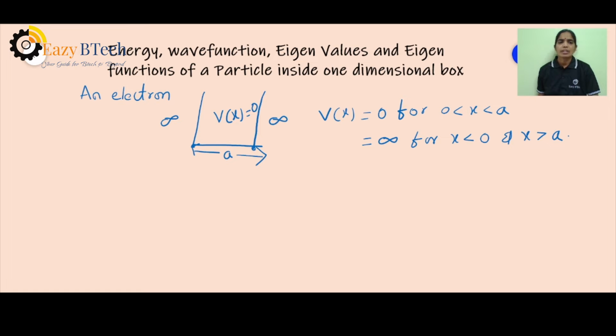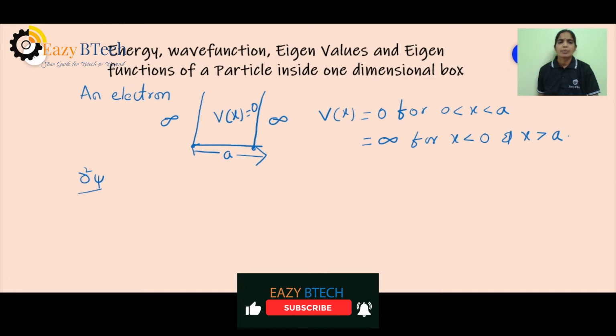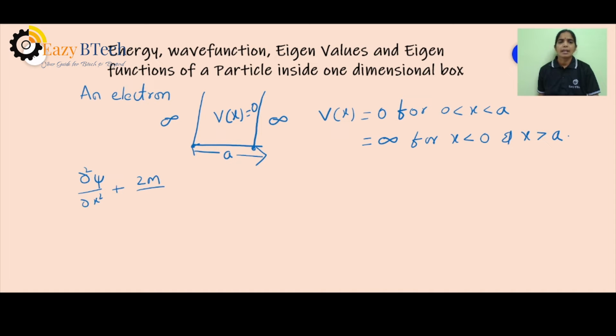Now recall the time-independent Schrodinger wave equation: del square psi by del x square plus 2m by h cross square into E minus V times psi of x equals 0. Here V represents the potential. In place of V, use the first condition, V of x equal to 0.